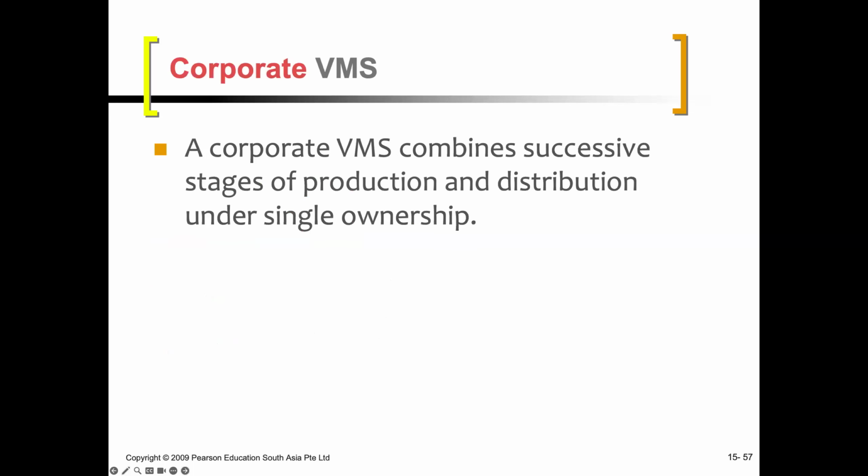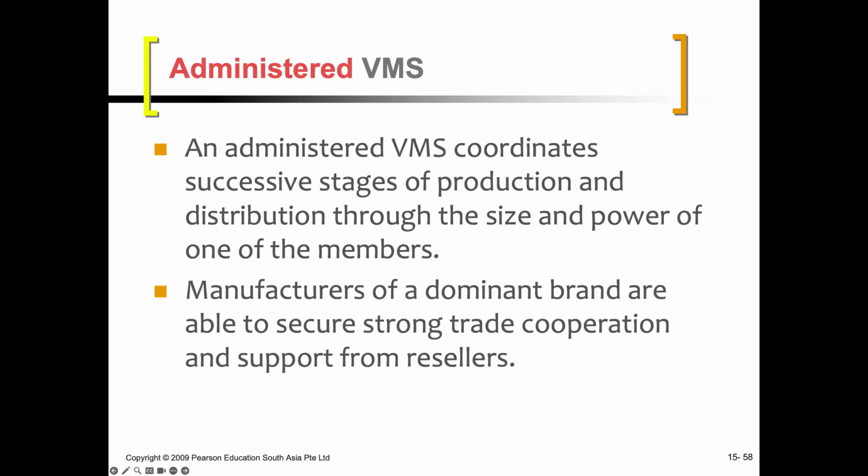A corporate vertical marketing system combines successive stages of production and distribution under a single ownership. An administered vertical marketing system coordinates successive stages of production and distribution through the size and power of one of the members.